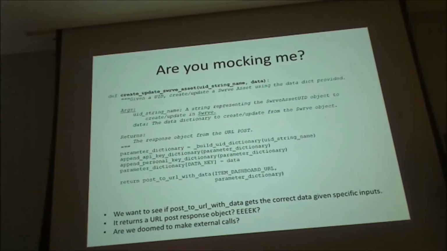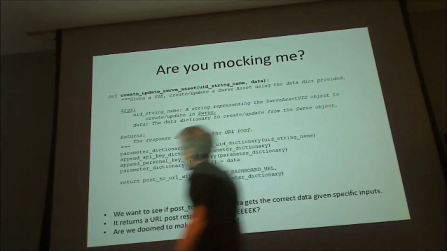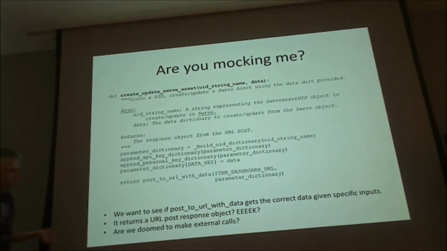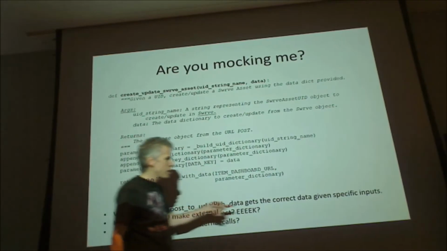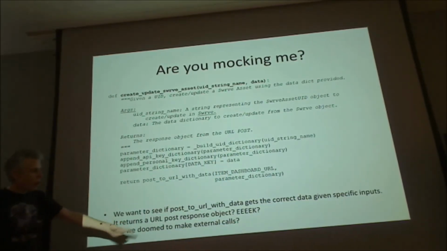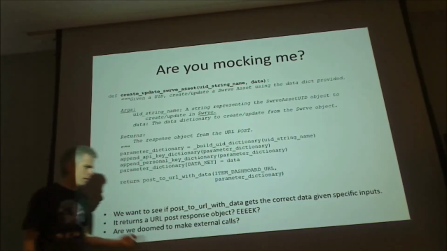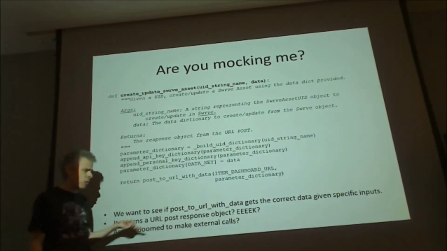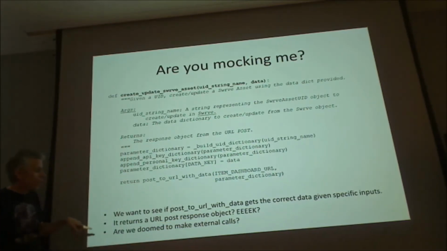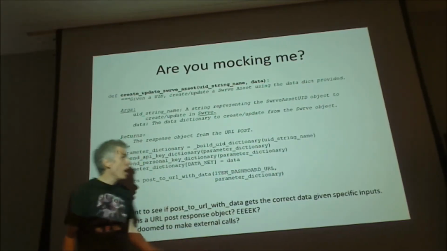Uh-oh. So now we get to the fun stuff. We want to see if post to URL with data gets the correct data given specific inputs. It returns a URL post response object, right? We're going to test that it returns a post response object. Are we doomed to make external calls?